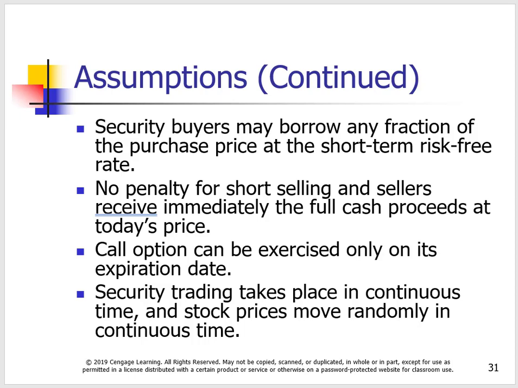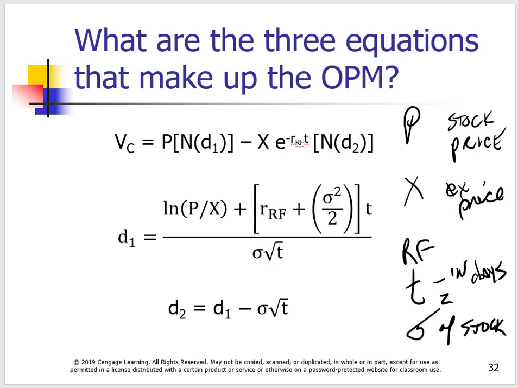So what we end up with is a rather complicated formula. If you think about the value of a call, remember we said it's the price minus the exercise price. So all we need to do in this formula is to apply the normal distribution to the variables.